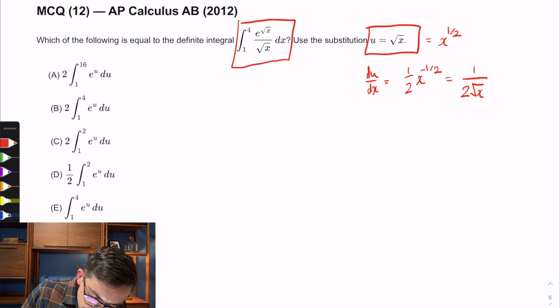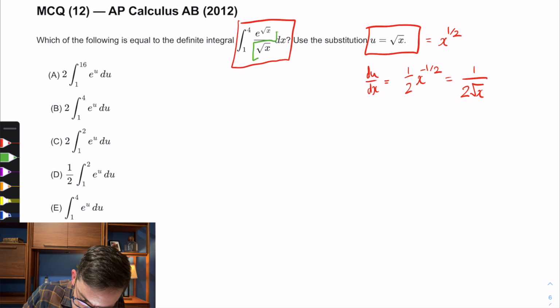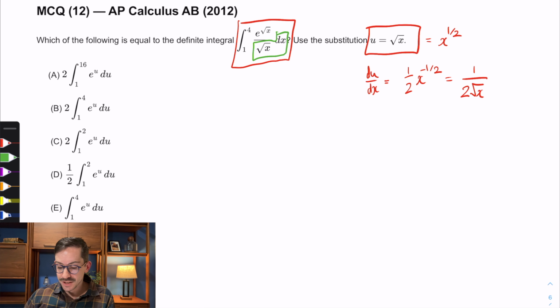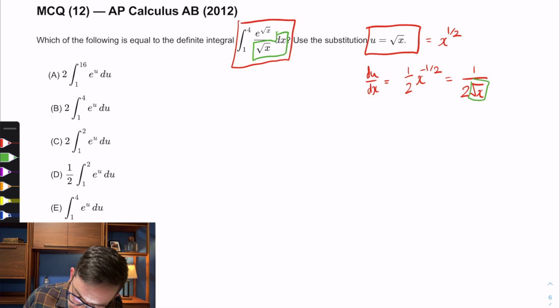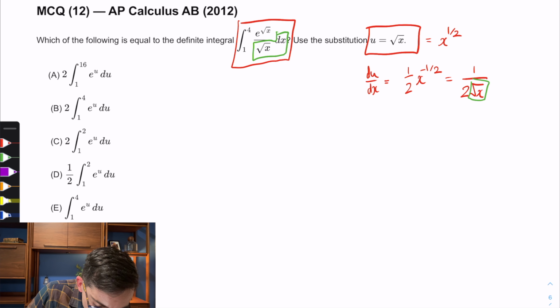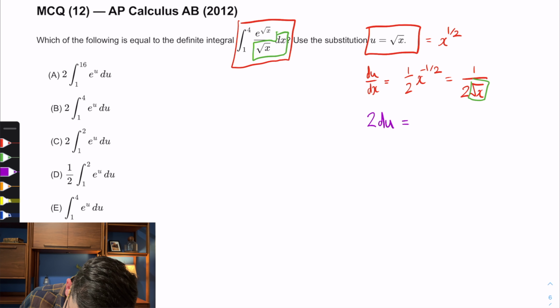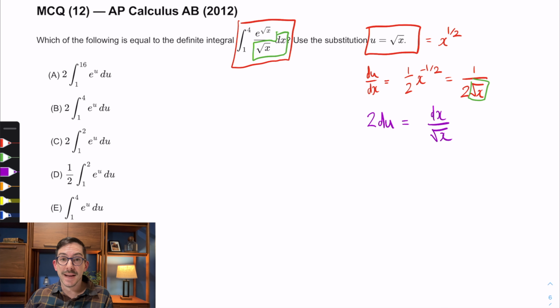So I'm trying to rewrite this integral, not in terms of x, but in terms of u. So notice I have dx over root x hanging out there in the denominator. You can see here I have a root x hanging out in a denominator here. So if I rearrange this equation that I'm working with, I'll get 2 du equals dx over root x. Just multiplying factors to move them about in the equation.